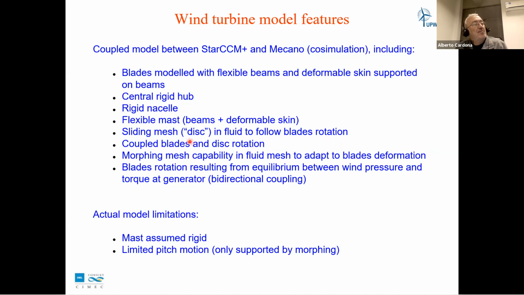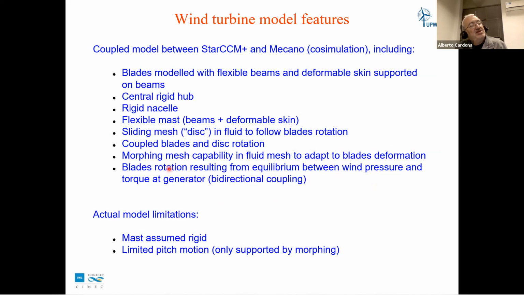blades. But also, since the blades are deforming, we use also a morphing mesh capability in the fluid mesh to adapt the fluid mesh to the blades' deformation. I will show you some pictures, and this will be made clear afterwards.